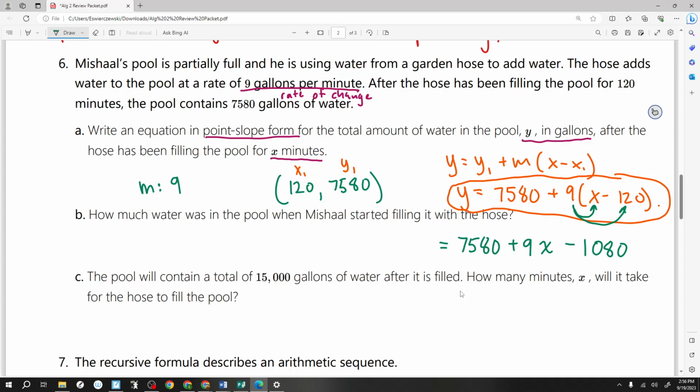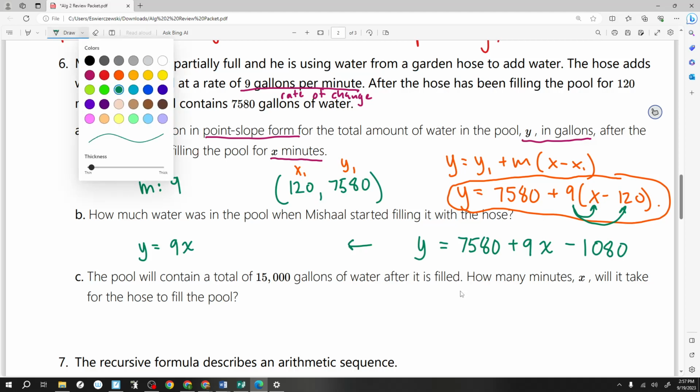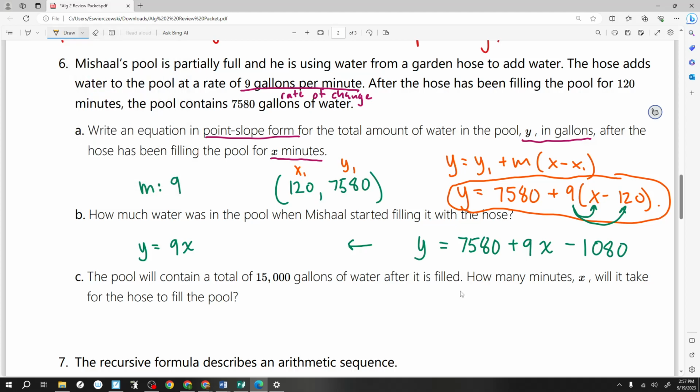Oh, I was right. Can I combine anything? Yeah, I believe you're going to get 6,500. Someone check that. Again, we're not taking away from both sides. We're combining. Same as last time. 6,500.